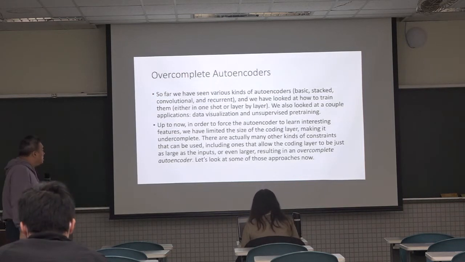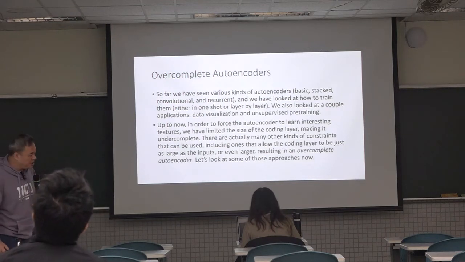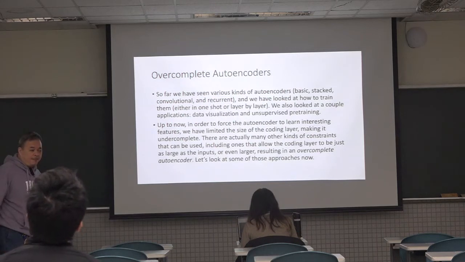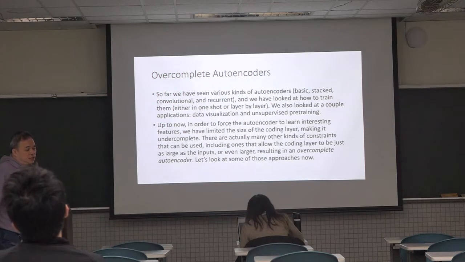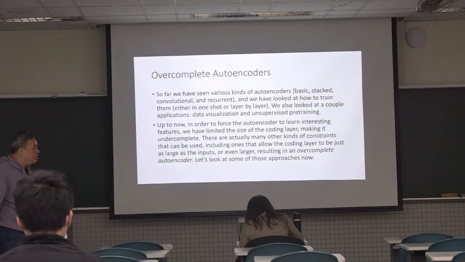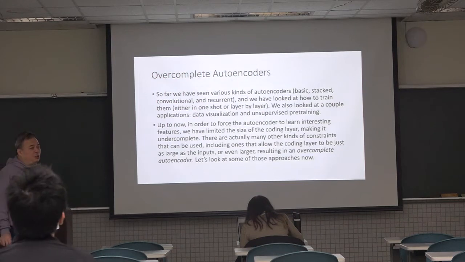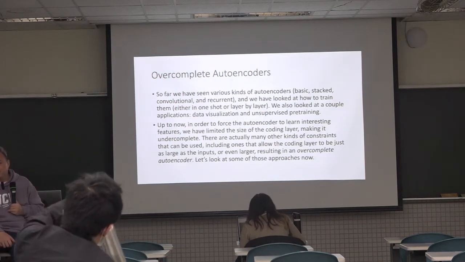So far, in all the autoencoder examples that we have seen, the dimensionality of the coding layer is lower than the dimensionality of the input layer. Remember, we call that type of autoencoder an under-complete autoencoder.